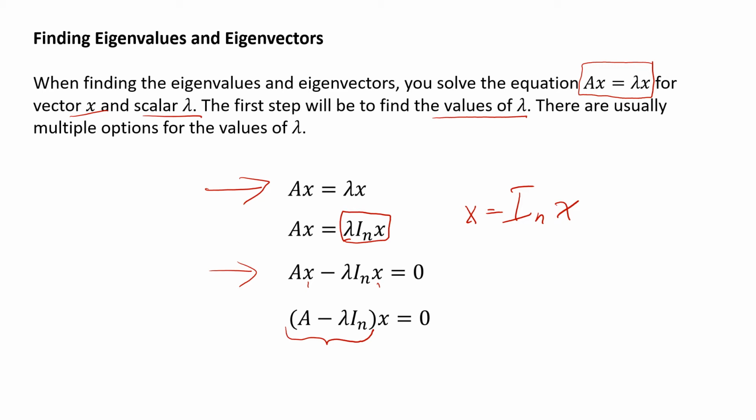Okay, so note what this is. This is a matrix times some vector equals 0. And this equation is an important equation that we are going to use to find our eigenvalues. So keep this in mind.